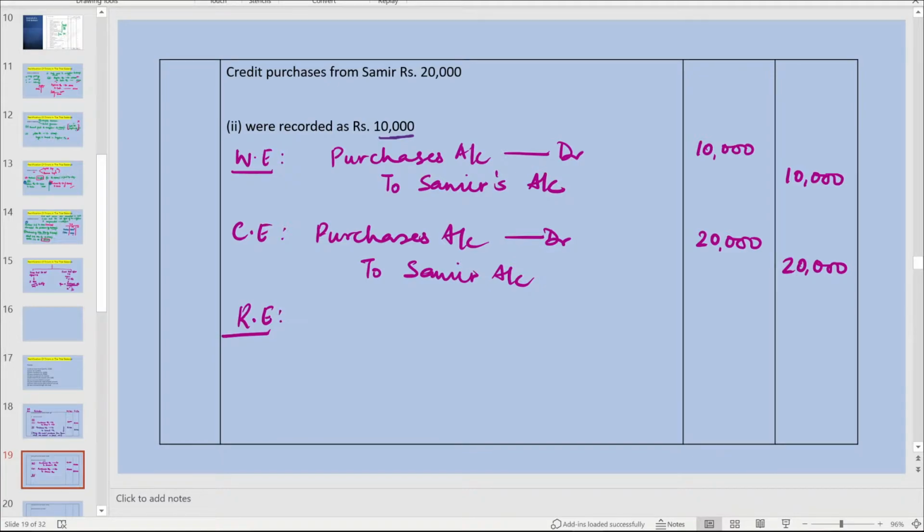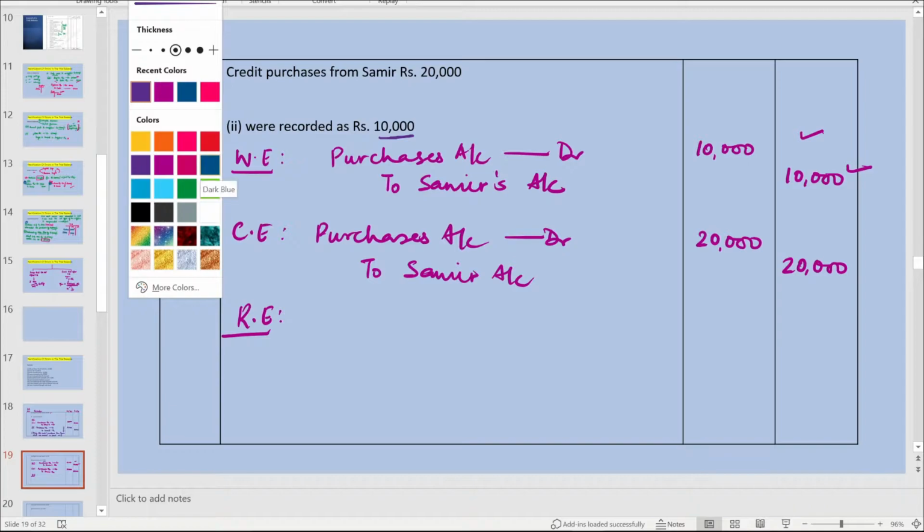The rectified entry is, you can see this is undercast. So we just have to add back 10,000. This is already passed, so I just have to add back 10,000 more. Means I need to pass a 10,000 rupees entry.